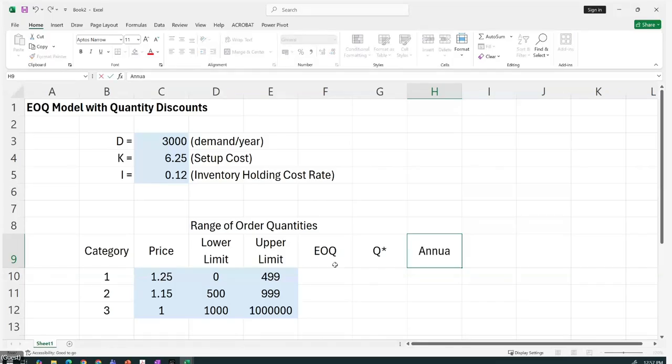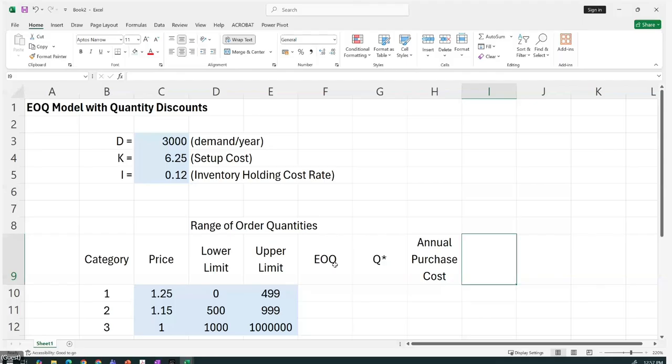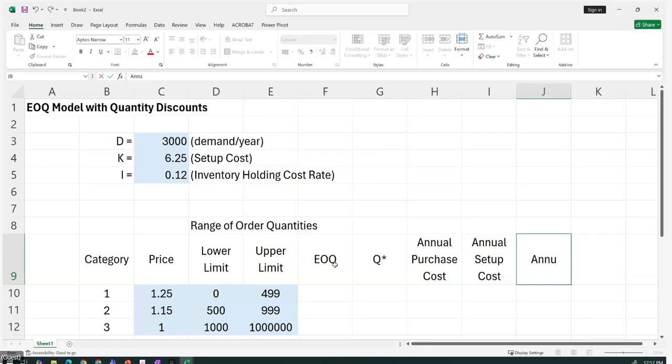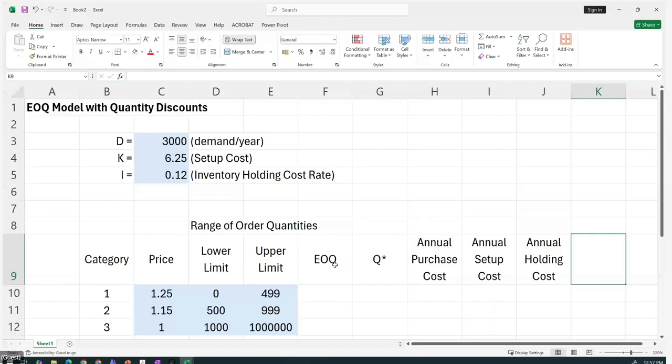Then the annual purchase cost, the annual setup costs, the annual holding costs, and finally the total variable cost.